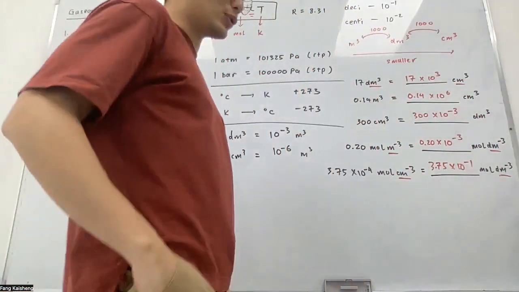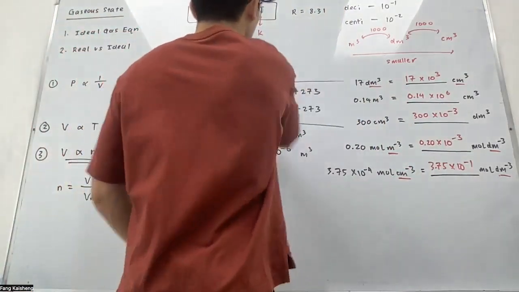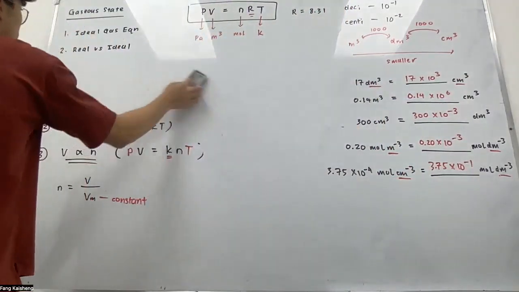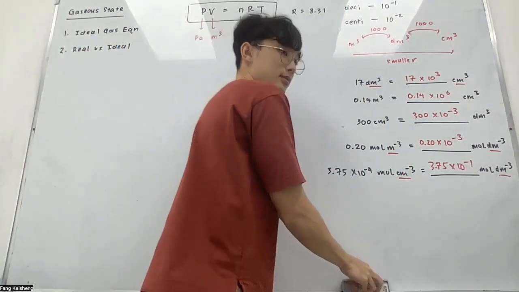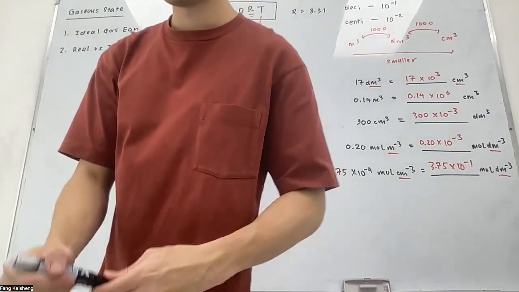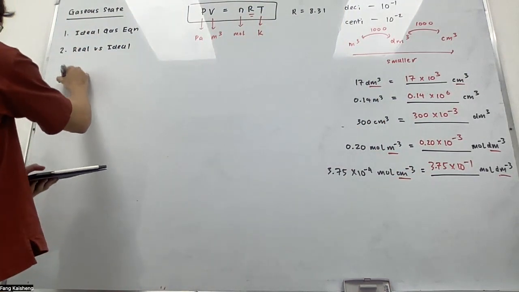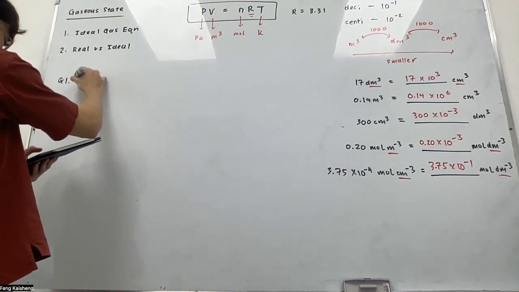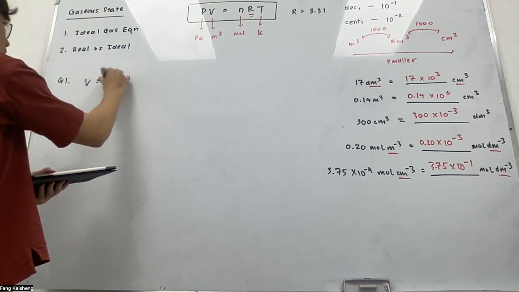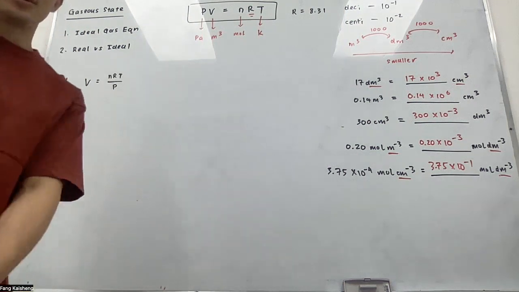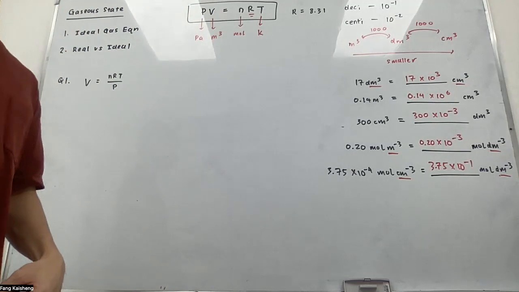One thing you can possibly do also is to manipulate the subject of the equation first, then you sub in the values later.